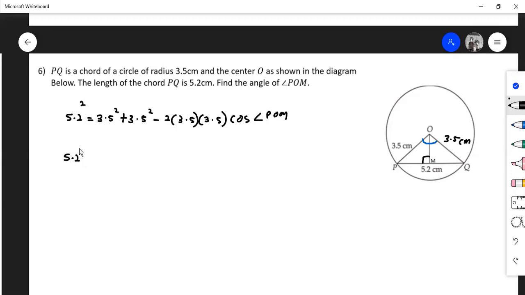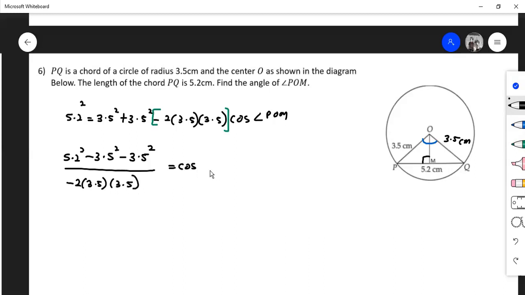Therefore, 5.2 squared minus 3.5 squared minus 3.5 squared, divided by, okay, this part students will get confused a bit, so I'm going to show it in a bracket. This whole thing is being multiplied with cos. Right now I want to find my cos, so I bring that over and it becomes divide: negative 2 times 3.5 times 3.5 equals cos angle POM.